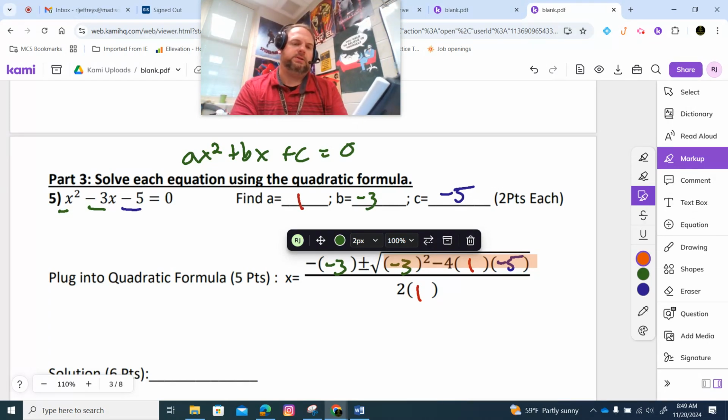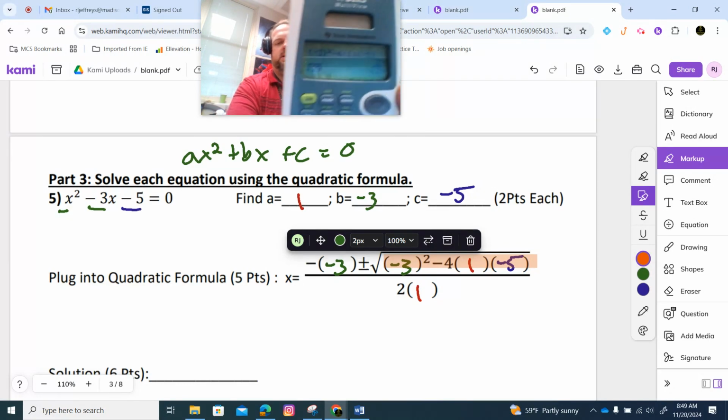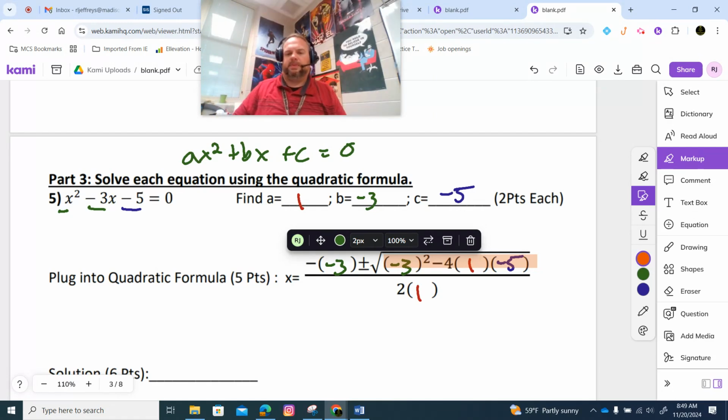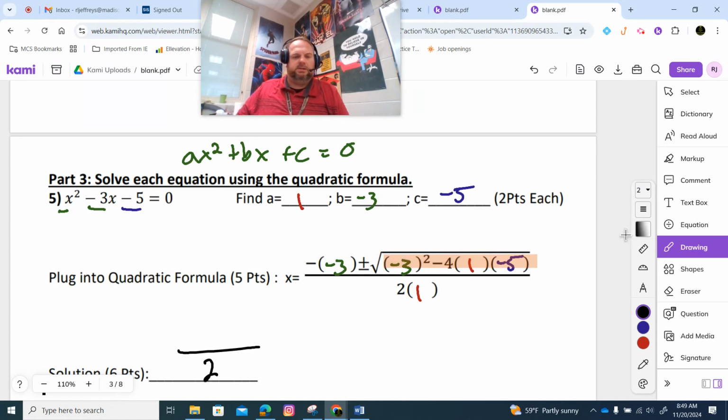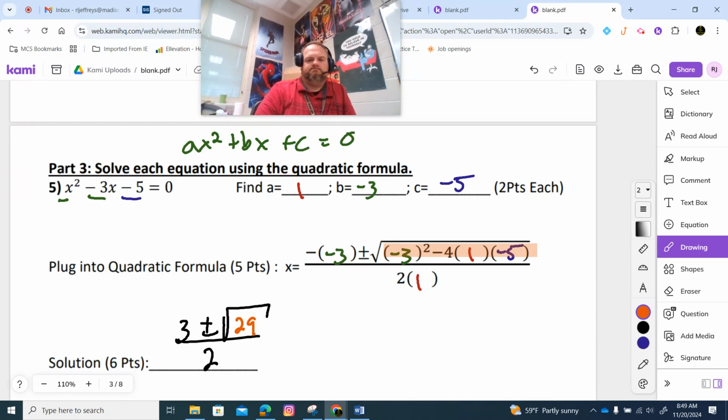We can take the square root of 29. So then we just clean up everything else. So this is 2. This is 3 plus or minus the square root of 29. And we're done.